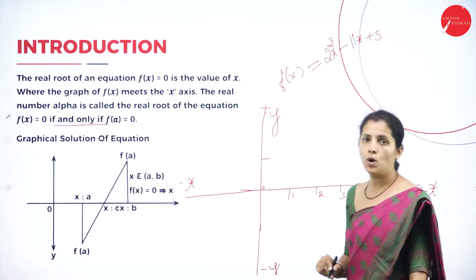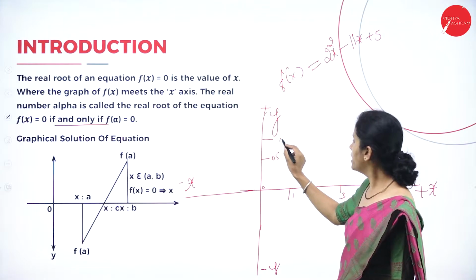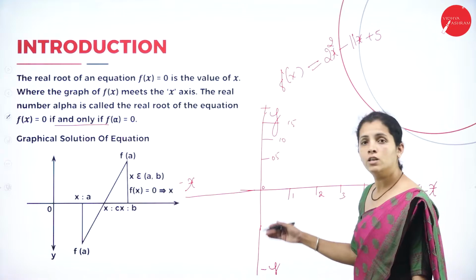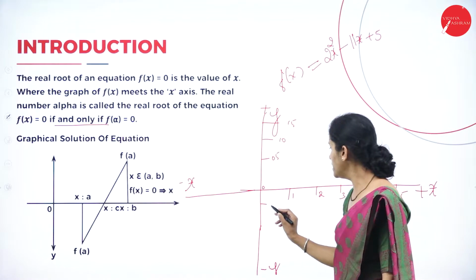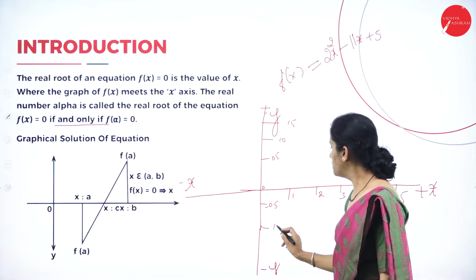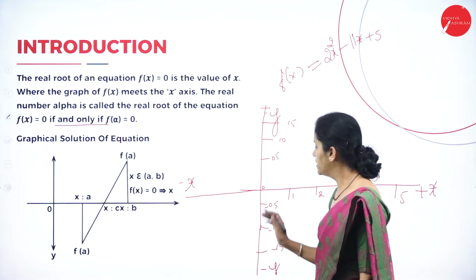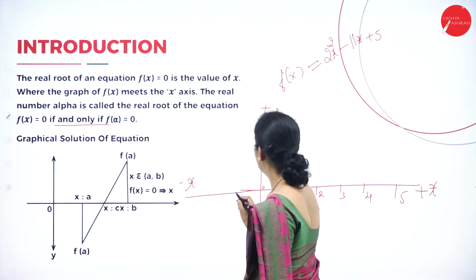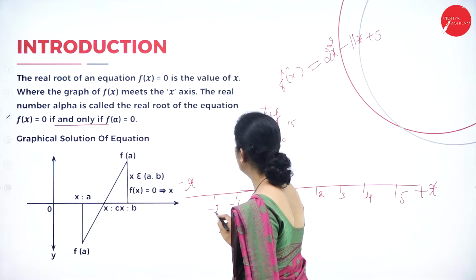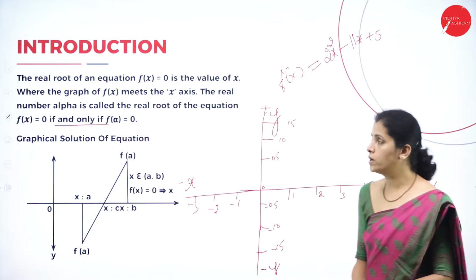Instead of taking 1, I'll make it 5, 10, 15. Now towards down it is minus 5, minus 10, minus 15. And if I consider minus x, minus 1, minus 2 and minus 3 and so on.